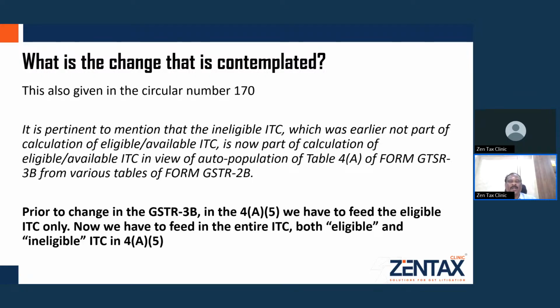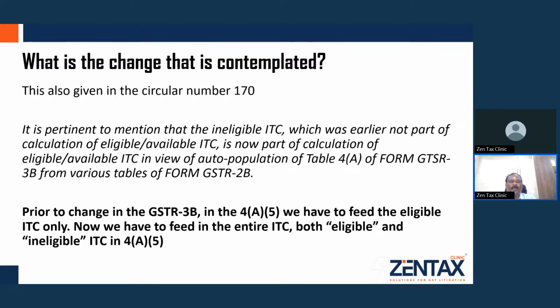Now, auto-population from GSTR 2B is part of the calculation of eligible or available ITC. What is getting auto-populated from GSTR 2B is both eligible and ineligible ITC. Prior to this change, we had to feed only the eligible ITC in 4A5, because the ineligible ITC you would feed in 4D1, 17.5.